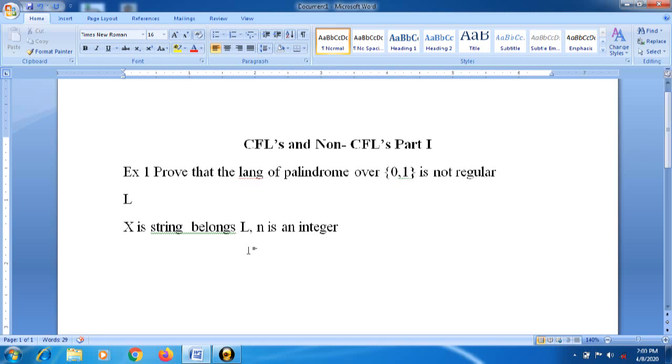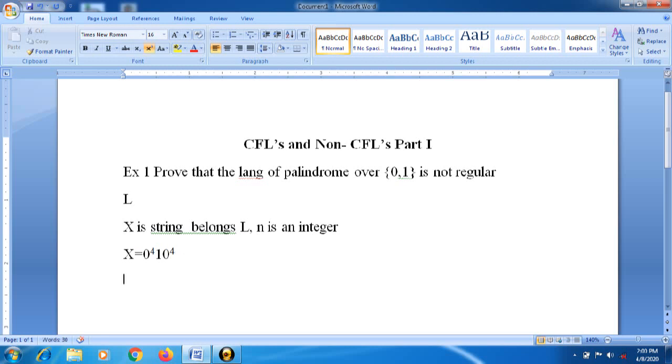Suppose we have considered one palindrome, 0 raised to 4, 1, 0 raised to 4. Now check, is it a palindrome or not? Yes, it is a palindrome. So by using this string we can find out whether the given language is regular or not. So we are considering it as x. x is equal to 0 raised to 4, 1, 0 raised to 4. This is the palindrome.